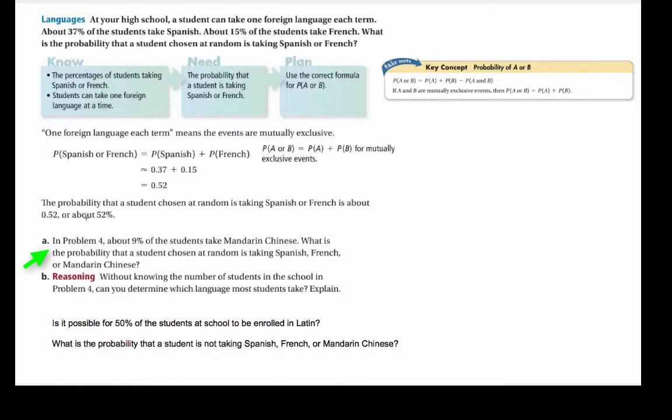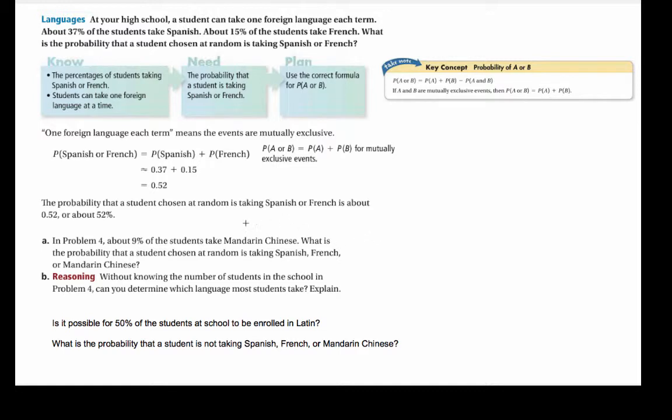In this problem, about 9% of the students take Mandarin Chinese. What is the probability that a student chosen at random is taking Spanish, French, or Mandarin Chinese? Well, again, these 3 are all mutually exclusive events. They cannot occur at the same time. So the way that we calculate the probability of this, or this, or this, when we're talking about or probabilities, is to add their probabilities.